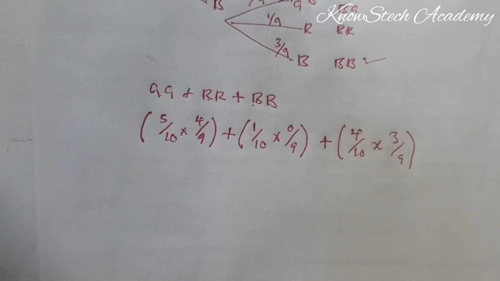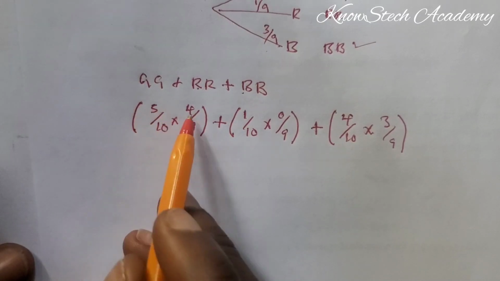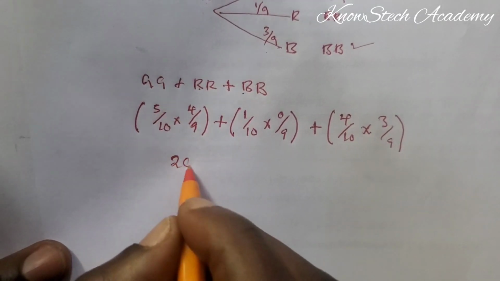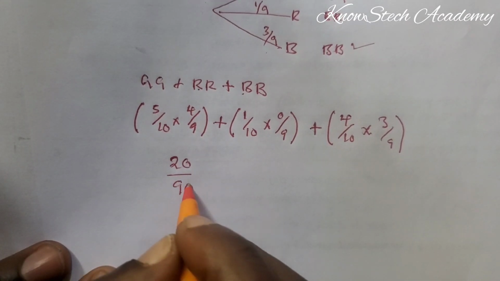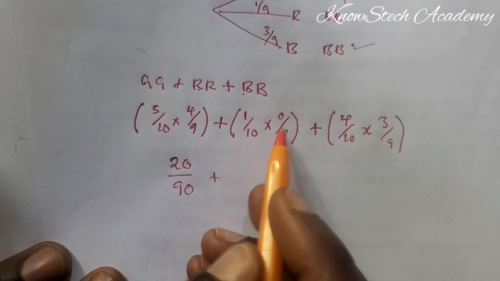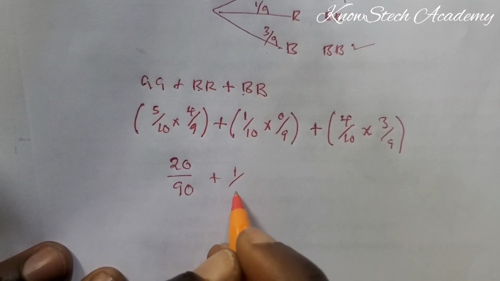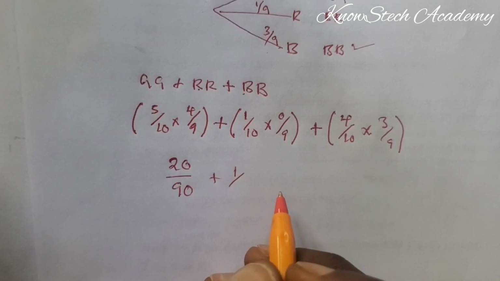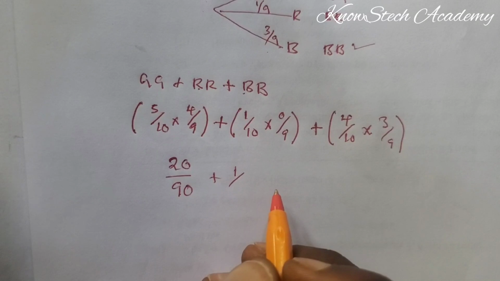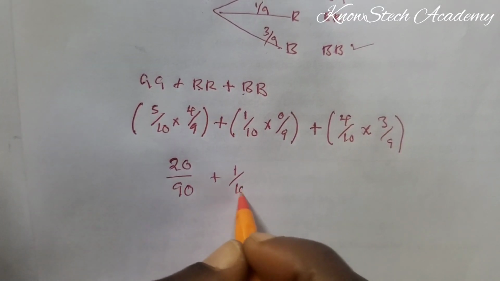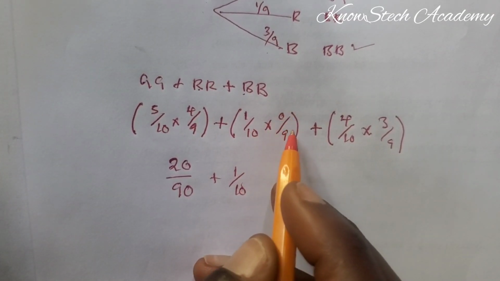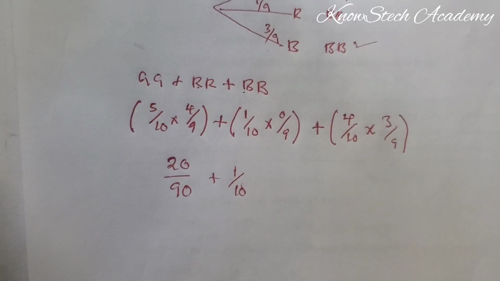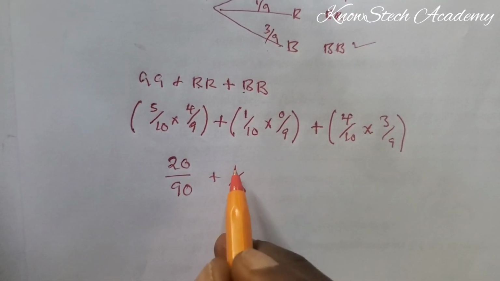Okay, simplifying this, 5 times 4 is 20. 10 times 9 is 90. Plus, yeah, there's a mistake.